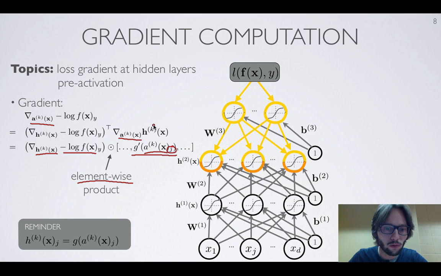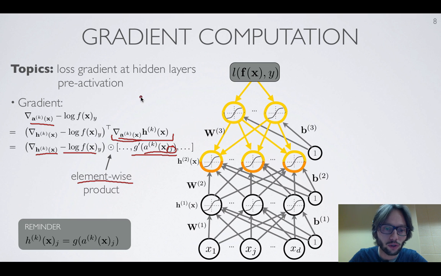And I just want to mention that this expression here is called a Jacobian. It contains the partial derivatives of all elements of that vector with respect to all elements of that vector. So the partial derivatives of all activations in the hidden layer with respect to all pre-activations.